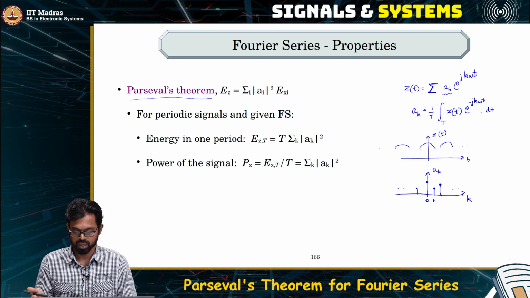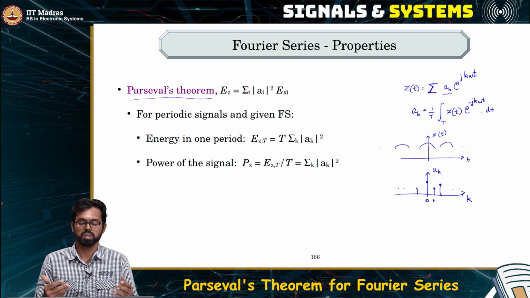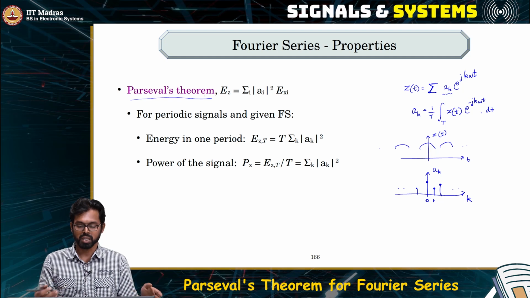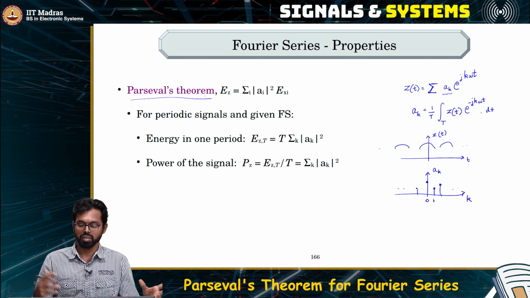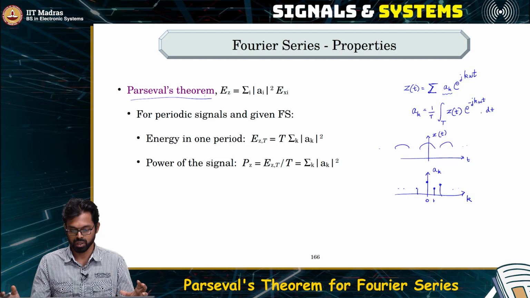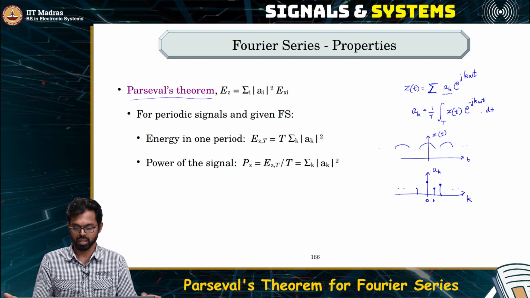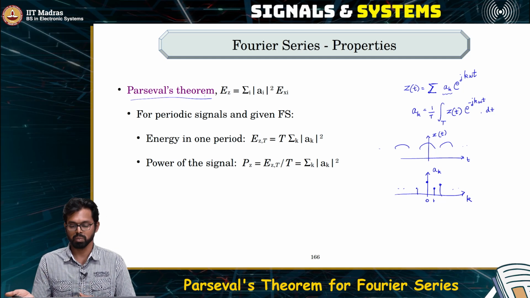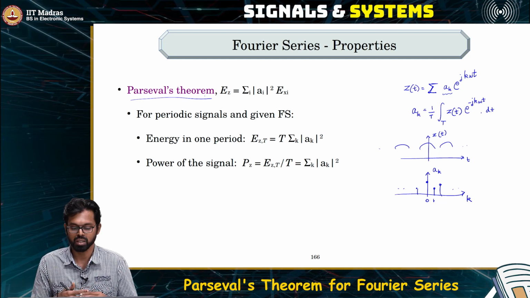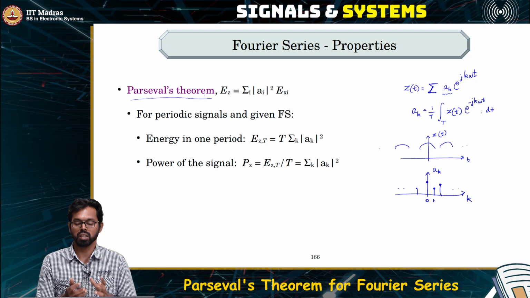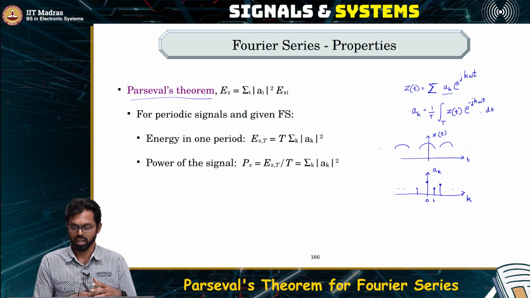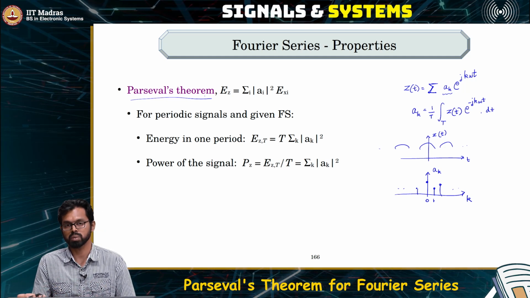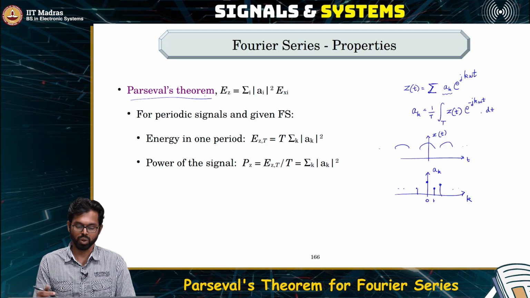That's what we are going to say here through Parseval's theorem. It's the same vector or the same signal, so you cannot have different notions of energy in different representations. However you represent it, whatever amount of money you have in whatever currency you represent it, the value should be the same. That's what this says. The energy content should be the same, whether you represent it in the time domain or in the Fourier series coefficients.